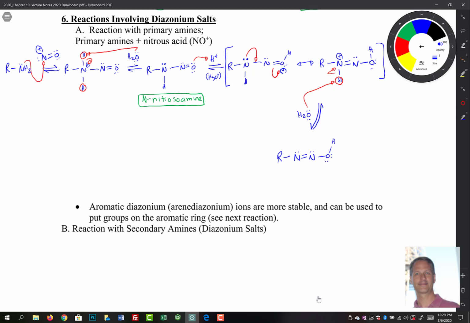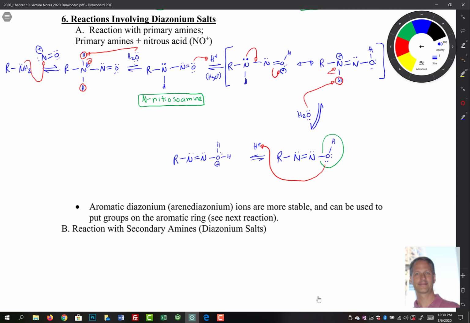And we're not done yet. So the idea now is that we're going to convert this into a good leaving group, and we're going to lose it as water. So to do that, we're going to grab another H plus from our H3O. Right? What that'll give us is an R, N, double bond N, and then an OH2 plus.